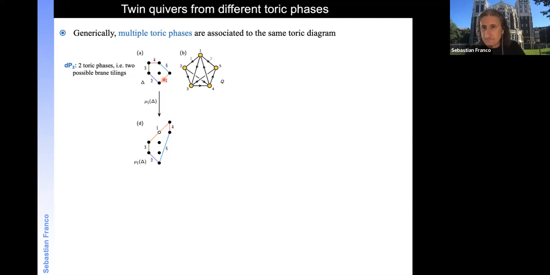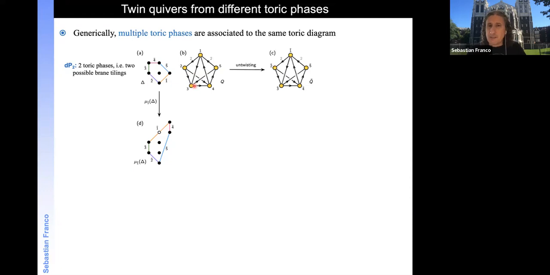Okay. The brane tilings, we had the brane tilings in the paper, so you have all the superposition. The brane tiling of this theory is one of the brane tilings of this theory. One of the toric phases of this DP2 is this quiver. Okay, and it has a brane tiling.